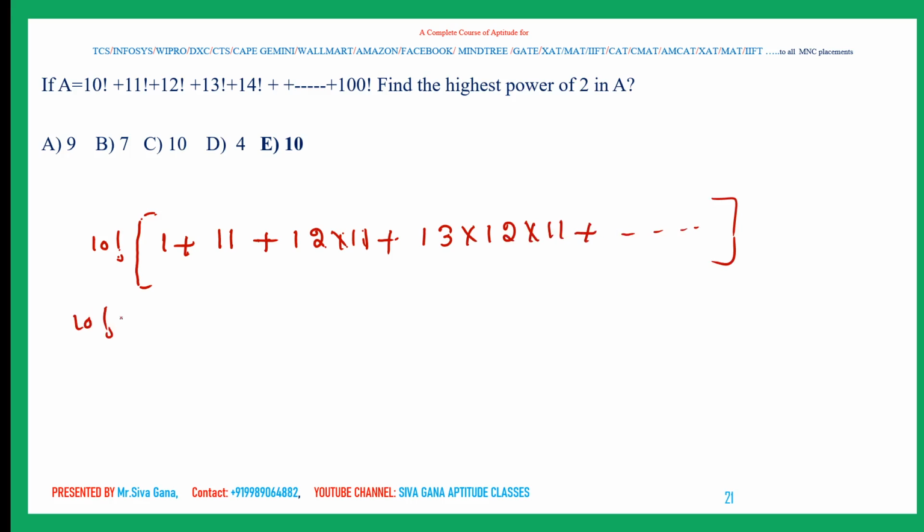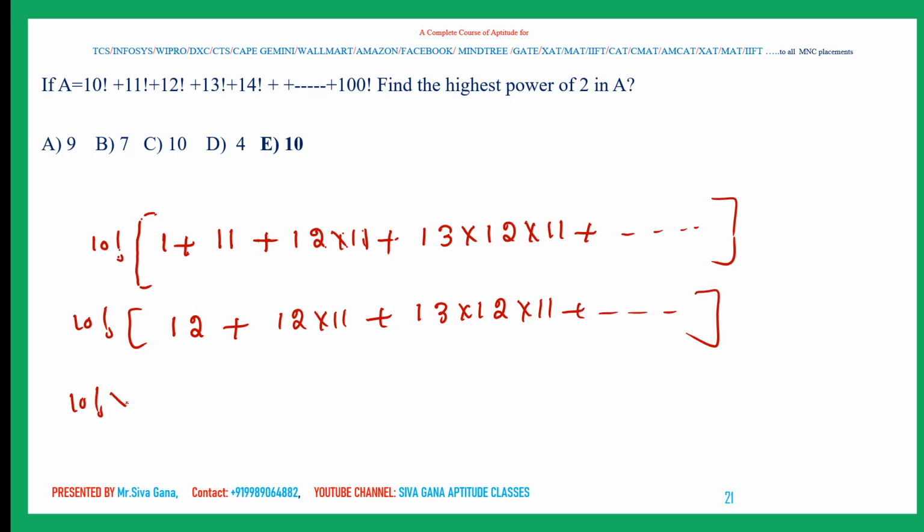Now 10 factorial, 1 plus 11 is 12, 12 plus 12 into 11 plus 13 into 12 into 11 plus and so on like this up to 100 factorial. So we can make 12 as common.